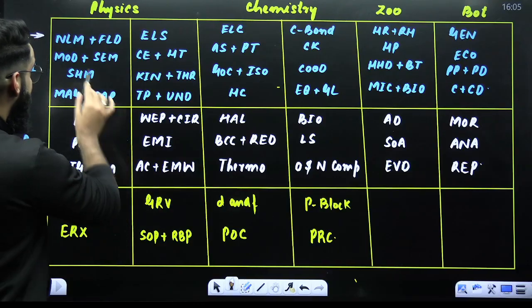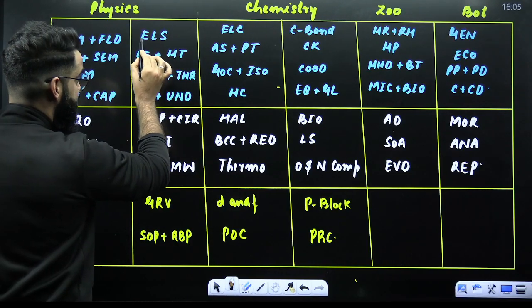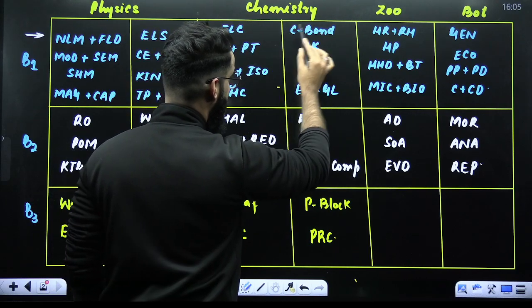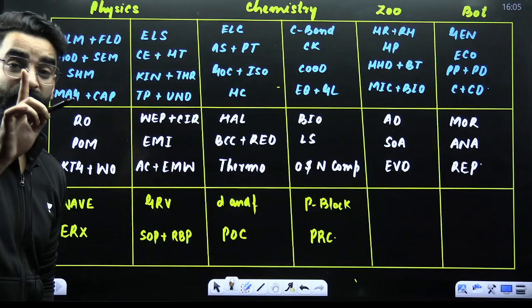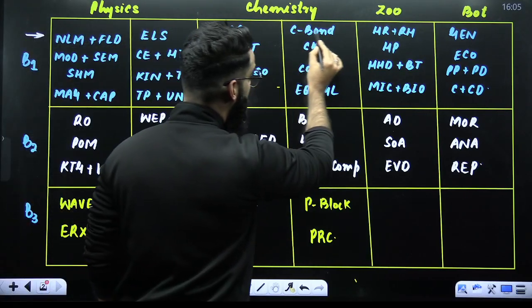For example, here you have Newton's laws of motion, fluids, right? Electrostatics. Then comes electrochemistry in chemistry. Then comes chemical bonding, human reproduction, reproductive health. So this comes in your row 1. So your first priority should be to complete the chapters which are present in row 1.